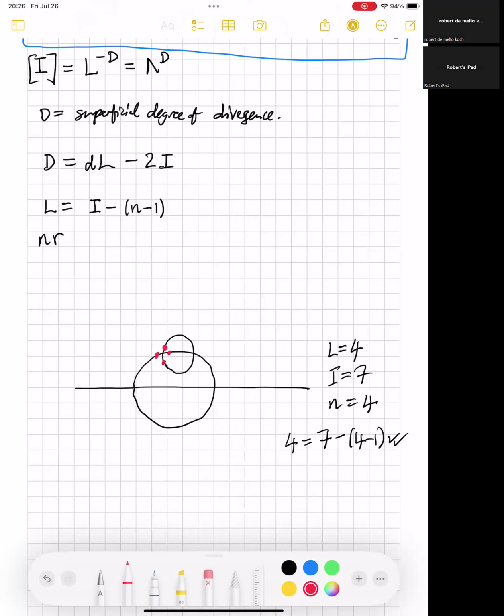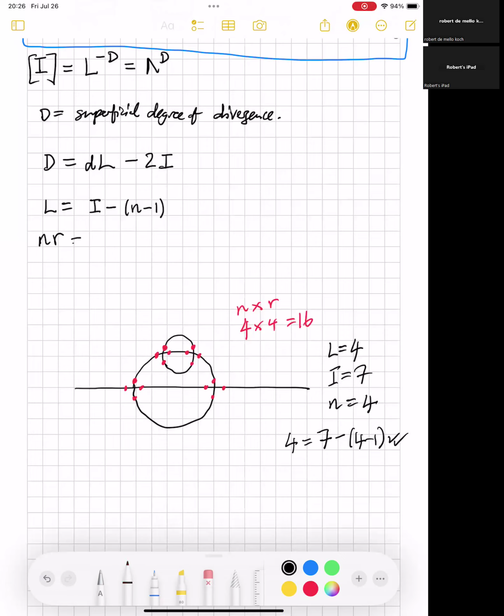So each vertex would be associated with 4 dots, okay? So there we go. I'm just drawing these dots here for these endpoints next to the vertex. And here, how many vertices did I have? I had 4 vertices, that's what n was, times r was 4, so 16. And if you count, I've got a total of 16 dots.